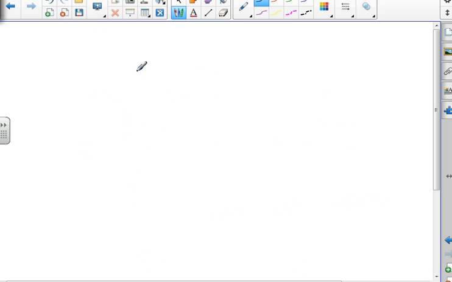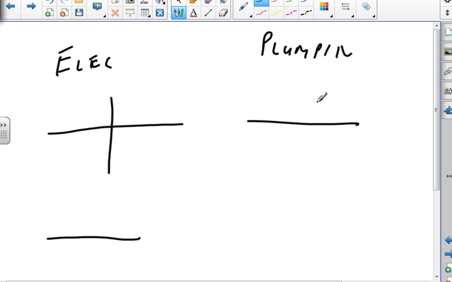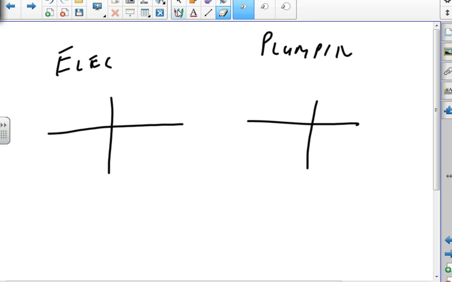So I have an electrical thing, and I have that. And I have a plumbing thing, and I have that. All right, so in the electrical thing, are the wires connected?